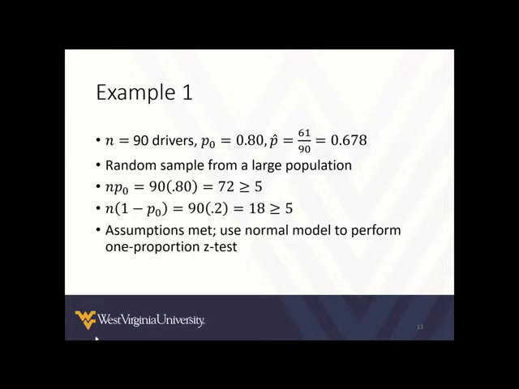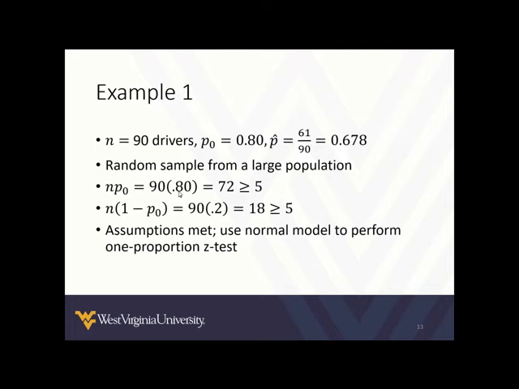A lot of times we don't always have to actually do the multiplication. It can often be pretty obvious. Personally, when I'm doing this in a professional setting, I will usually only examine the smaller of the two, because I know that if 90 times 0.2, which is equal to 18, if that condition is met, then obviously 90 times 0.80 will also be met.